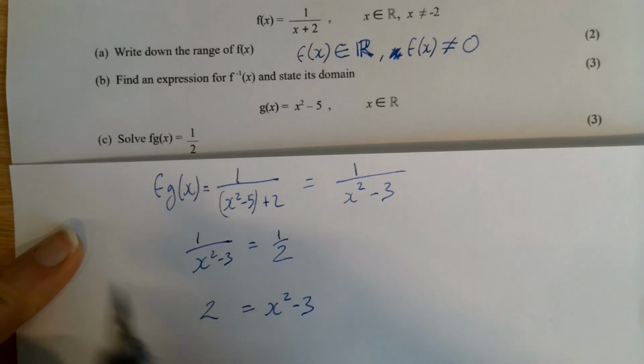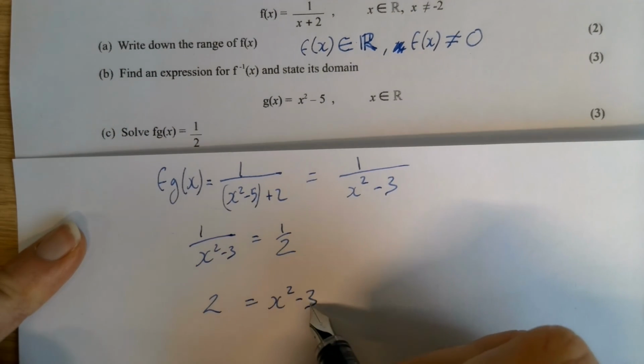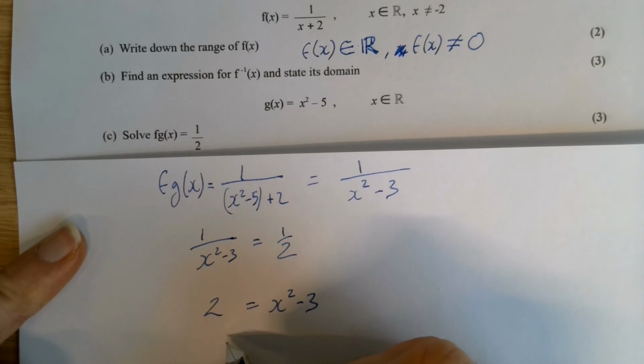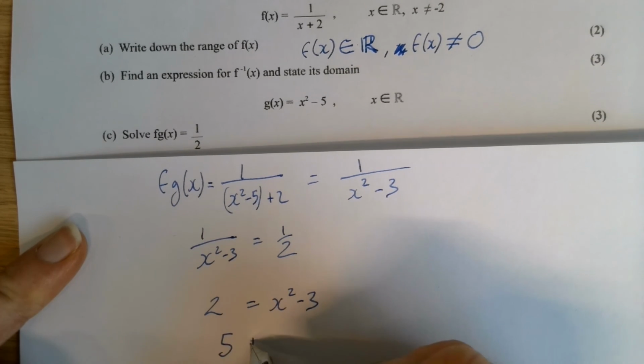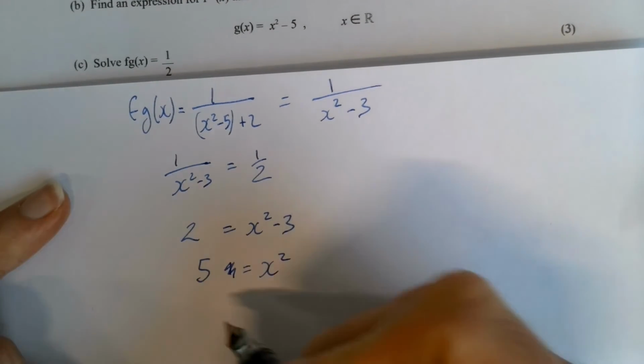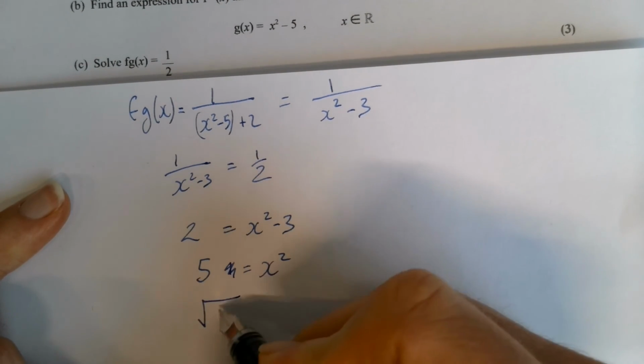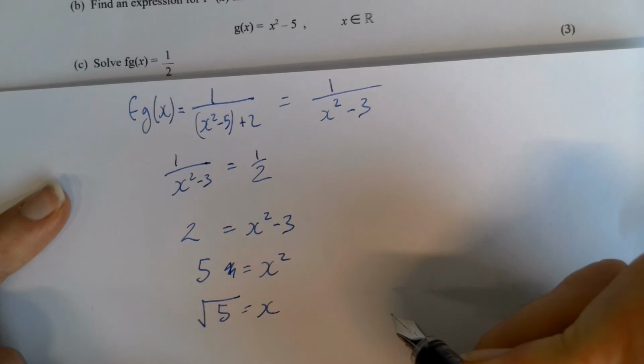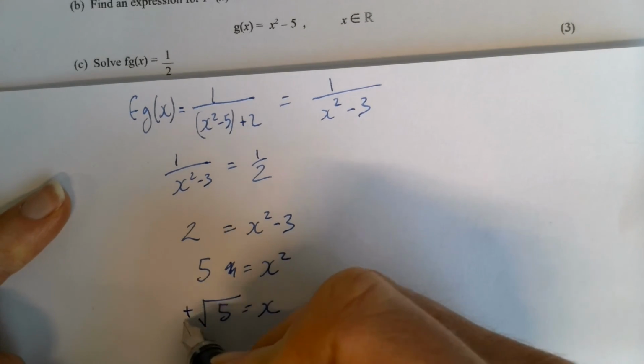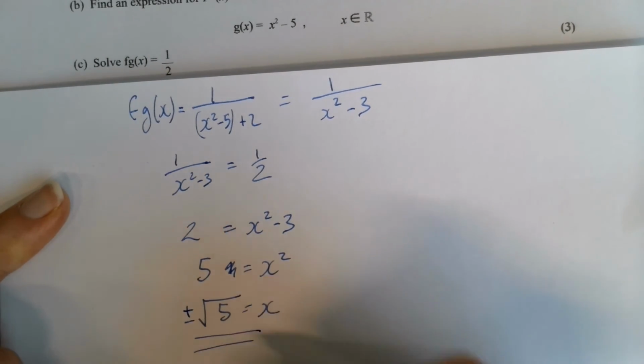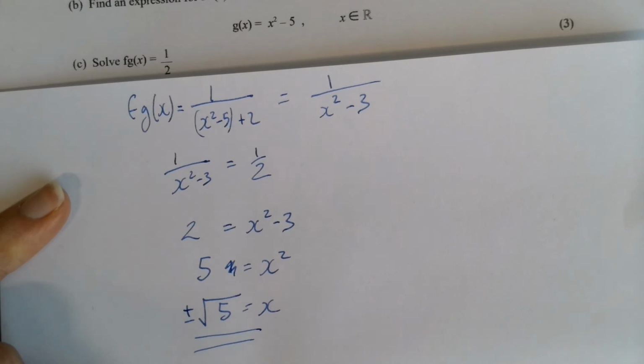If you like, you can do it one stage at a time, but then all we've got to do is add 3 to both sides to get us 5 is equal to x squared, and then x is going to be the square root of 5, remembering that it's plus or minus the square root of 5. And that's the example done for today.